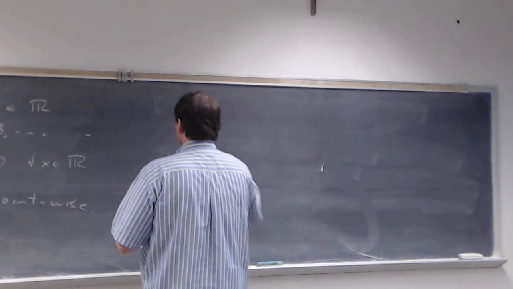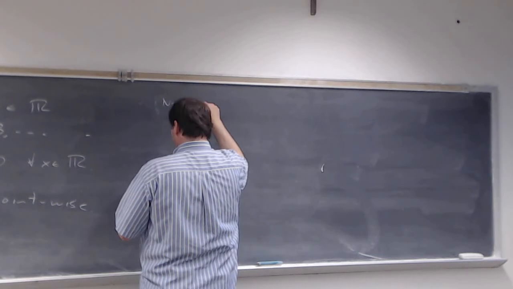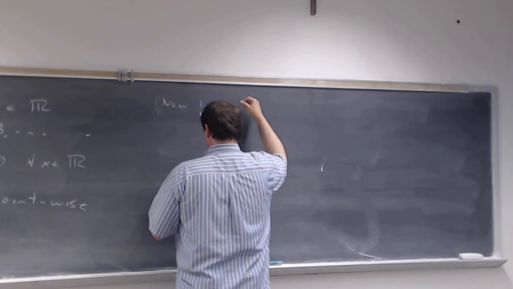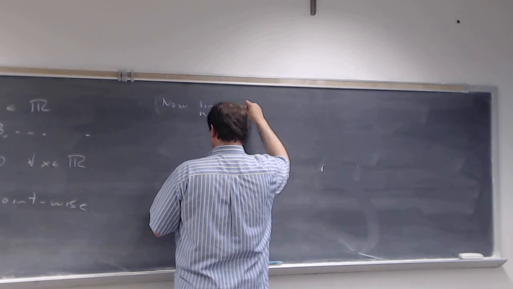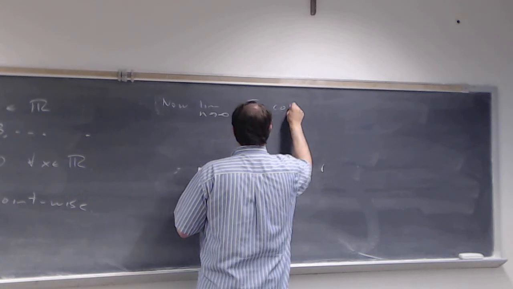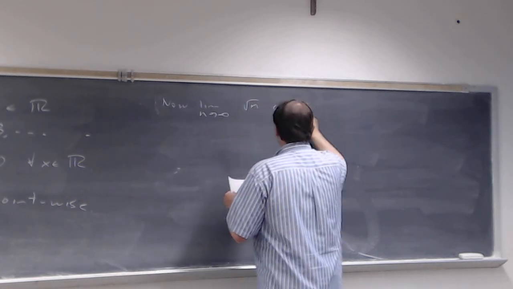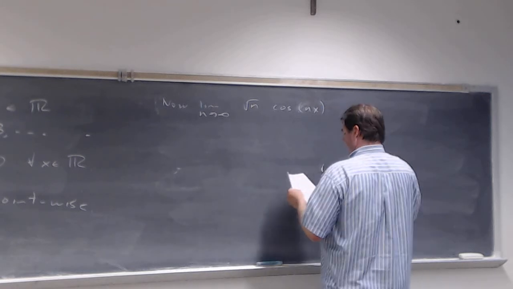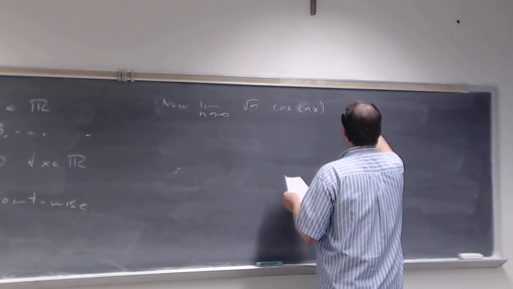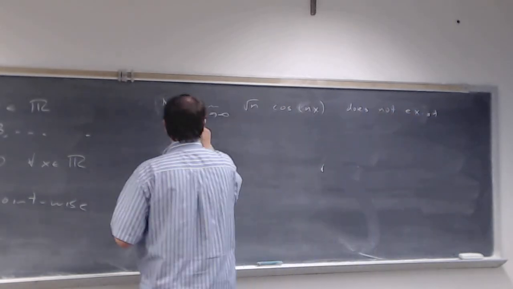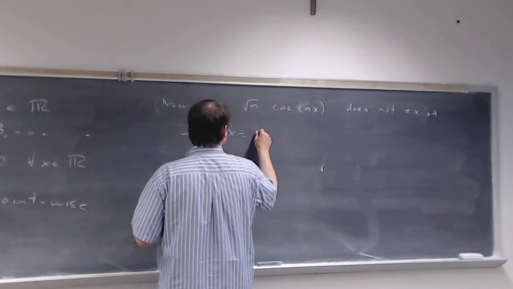Okay, now, you look at the limit as n goes to infinity of the square root of n times cosine of the quantity n times x, okay? This derivative does not exist when x is equal to 0.